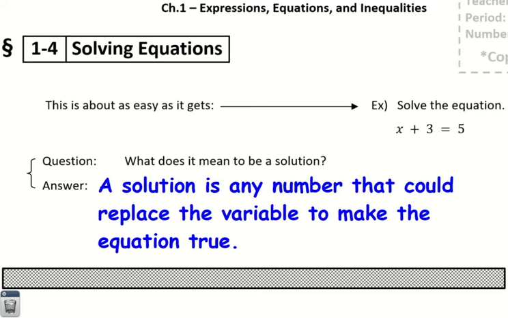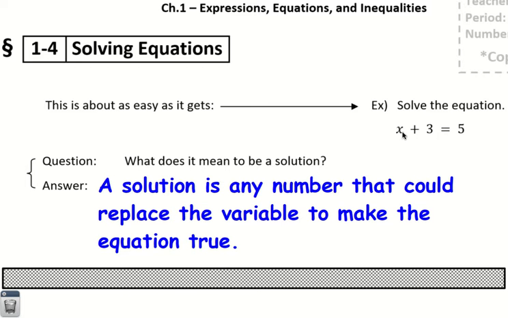And this is one way to put it. A solution is any number that could replace the variable to make the equation true. So as we work the equation to get x by itself, what we're really trying to figure out is what we could replace the variable with that would make x plus 3 actually equal to 5.